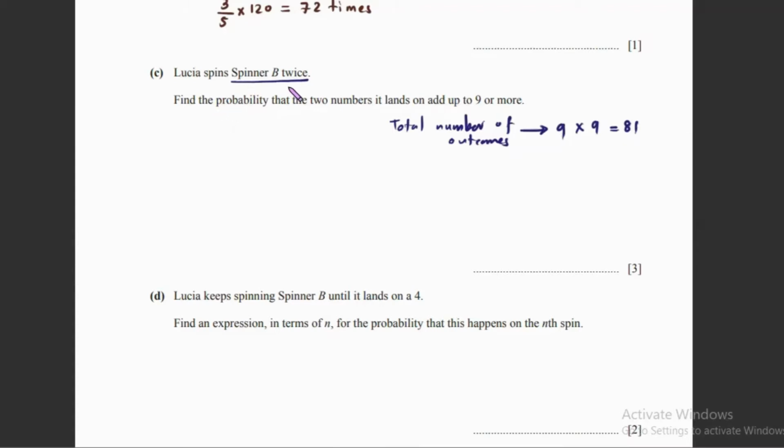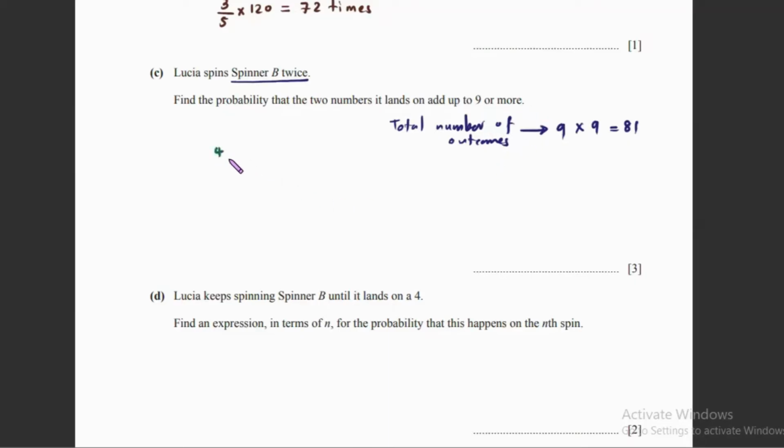And we need to make sure that the two numbers that we end up getting from both the events when we spin spinner B twice should make a total of 9 or more. So we need to check what possible combination can be used to get a total of 9 or more.